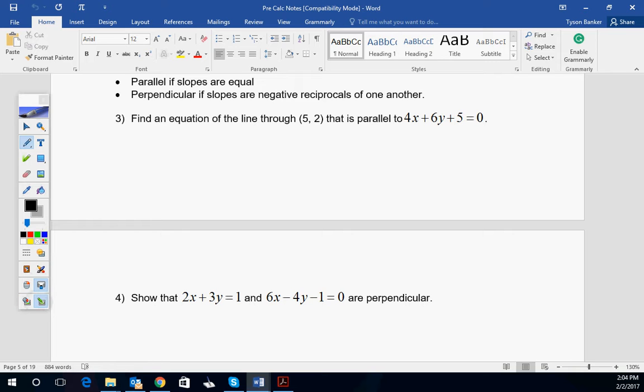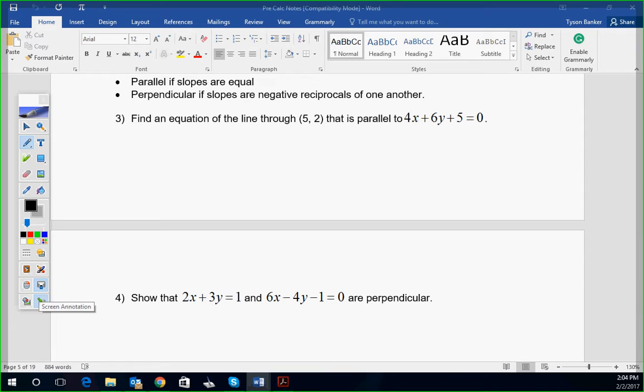So the first step is to solve for y, and what is my slope? The constant doesn't really matter. I'm just doing it for practice. That's your slope, -2/3.